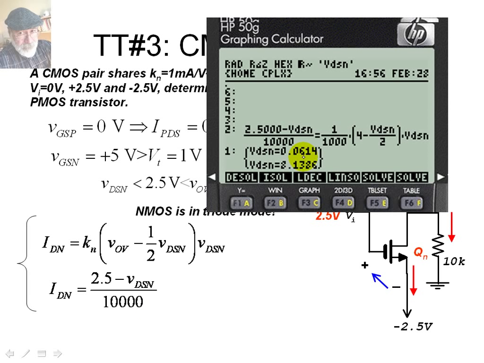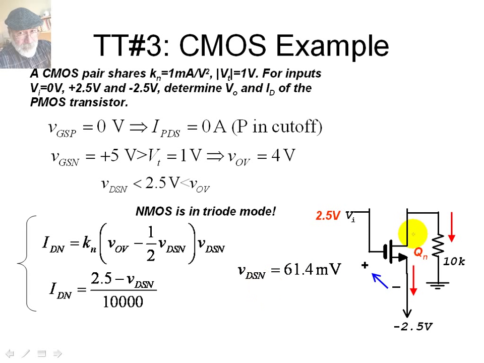So the right value for VDSN has to be 61.4 millivolts. Now that we found that voltage, this one is 61.4 millivolts, then V0 is negative 2.5 plus 61.4 millivolts. That's right, that value here, V0, this one is negative 2.44 volts.